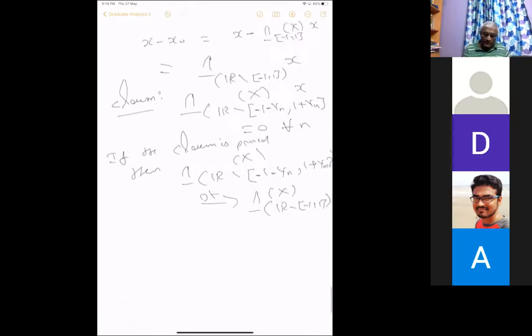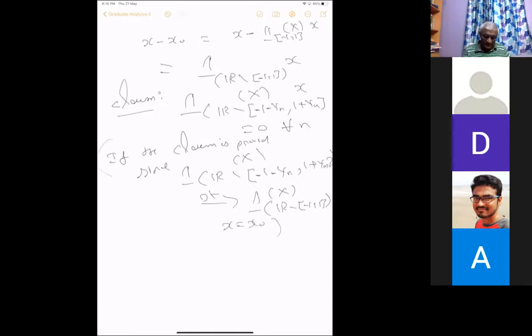I want to prove that this sequence, which converges strongly to this projection applied on x, is 0. If the claim is proved, then this sequence of projections converges to this, and so x equals x naught. So if the claim is proved, then we just have to prove this claim.